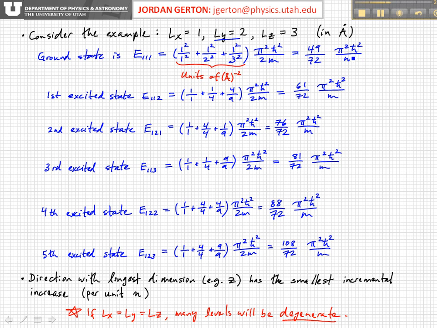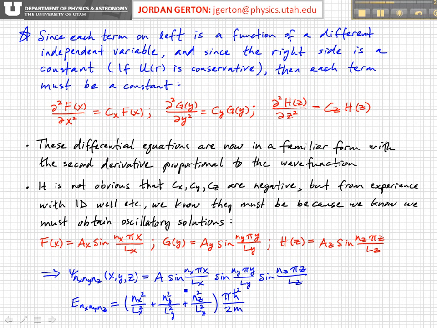But what we can show is that the longest box dimension is in the z direction, and since the eigenenergies are proportional to 1 over that dimension squared for each direction, we can understand that if the denominator is big, like it is for Lz, this is the biggest. Since Lz is equal to 3, then Lz squared is equal to 9.